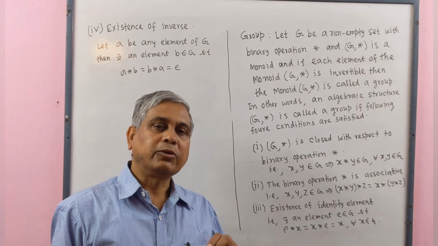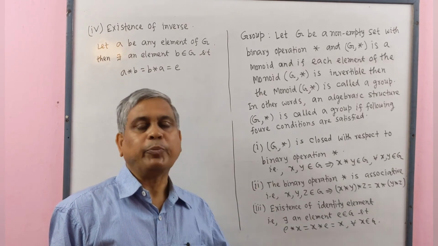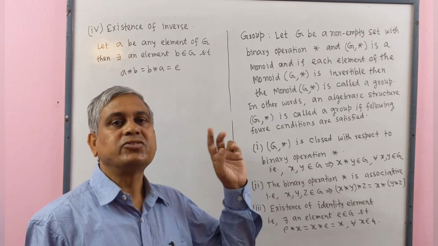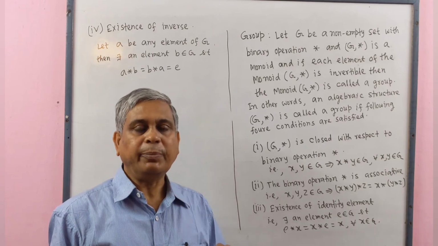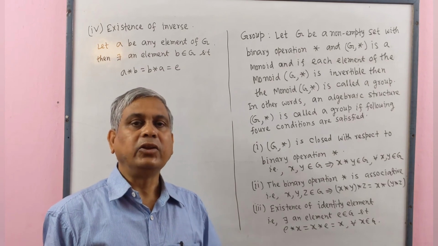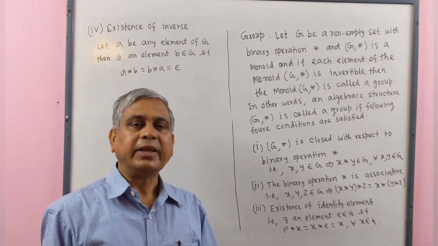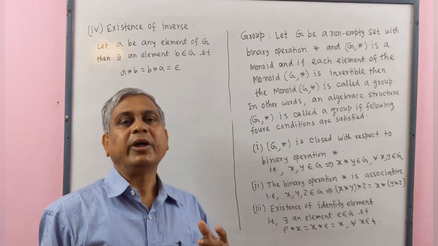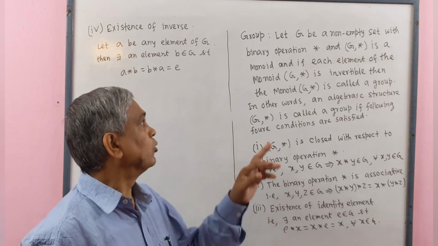Let us include another property. That property is called existence of inverse. With the concept of monoid, then we get a new algebraic structure, and that algebraic structure will be termed as group. Now we define group.